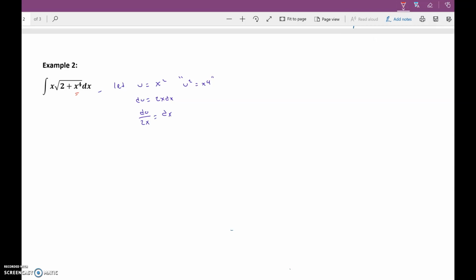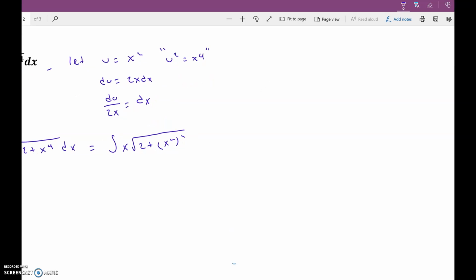And let me rewrite the integral and see if this is actually going to be a good option. It's possible that we have to go back to the drawing board. So you're looking at the integral of x square root of 2 plus x to the fourth dx, and we're basically rewriting it as x square root of 2 plus x squared squared, and then we have the actual dx.